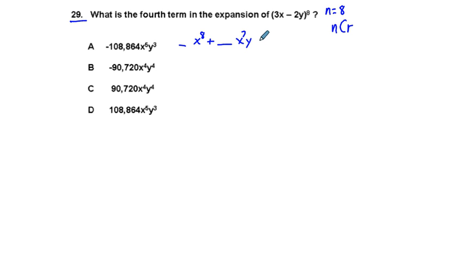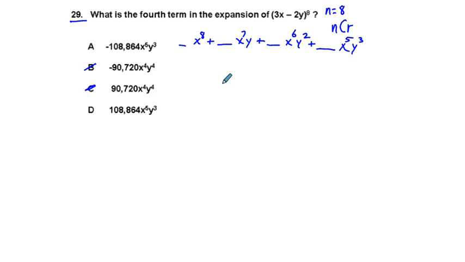The third term is going to be something x to the 6th power y squared. And the fourth term, which is what we're looking at here, is going to be something x to the 5th power y to the 3rd power. So already we know that B and C are not correct answers.